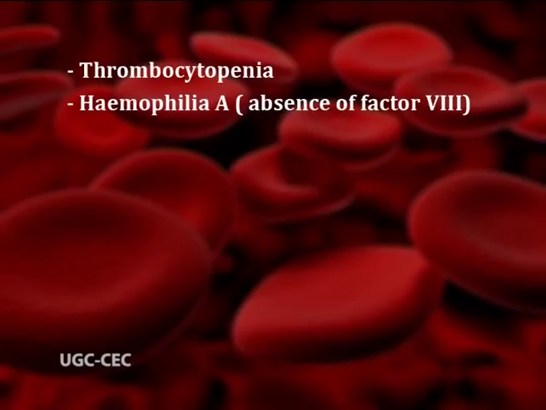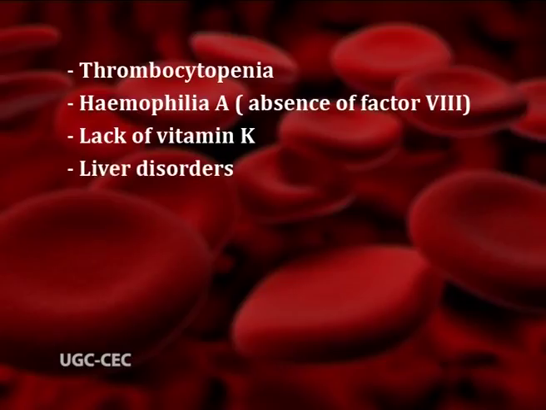The most well known is hemophilia A, which occurs in people who do not make factor 8. Lack of vitamin K, which can cause bleeding problems, as this vitamin is needed to make certain clotting factors. Liver disorders. These sometimes cause bleeding problems as the liver makes most of the clotting factors.